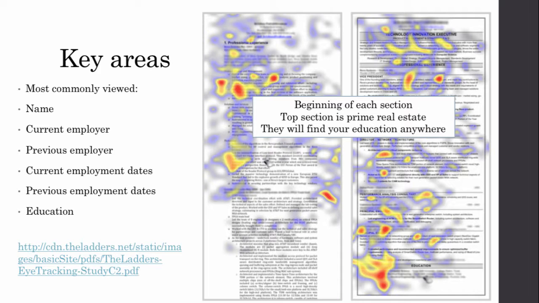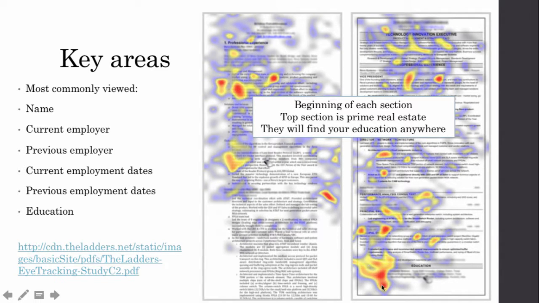So if you're going to have a summary that says what your previous qualifications are, what you're looking for, what you're interested in, this kind of thing, you're going to want to have it in that prime real estate area. Or if there's a particular work experience that you want to make sure they see, you're going to put it in that top area.